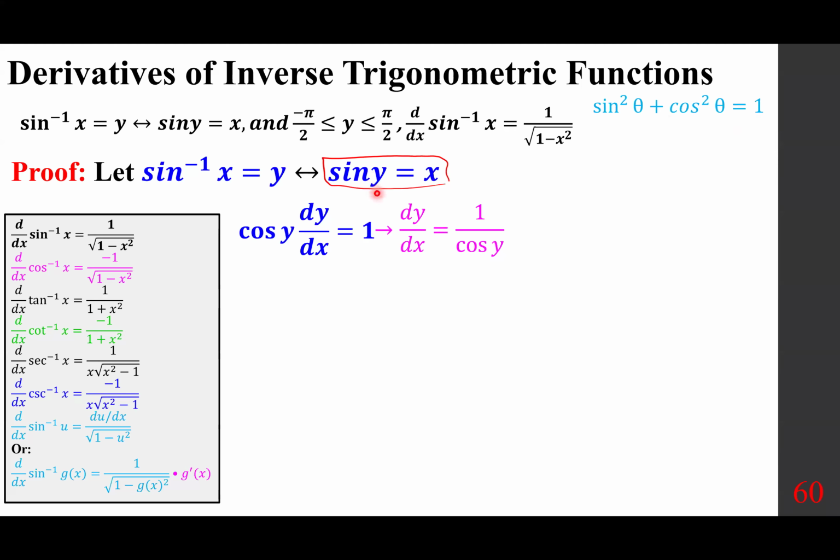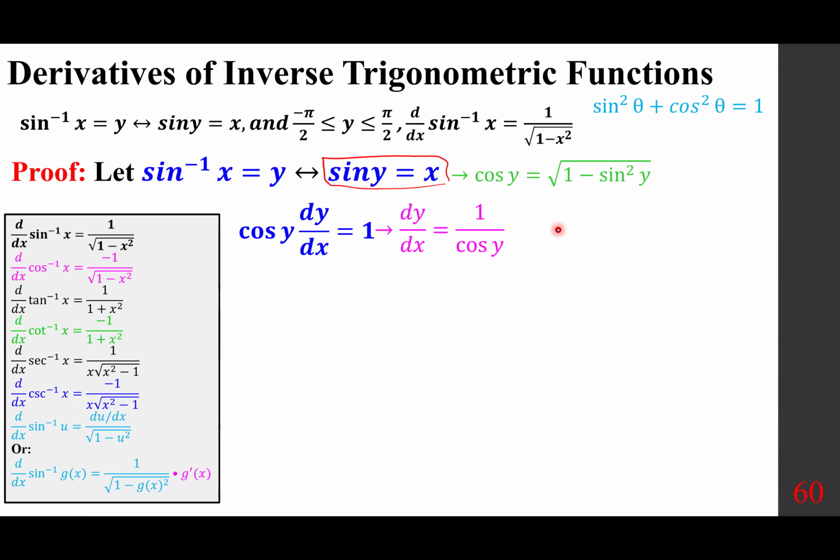So if sine y is x, cosine must be the square root of 1 minus sine squared y. And by the way, remember, we are talking about the fourth and the first quadrant where cosine is positive, because otherwise this is plus or minus, and we take the plus.